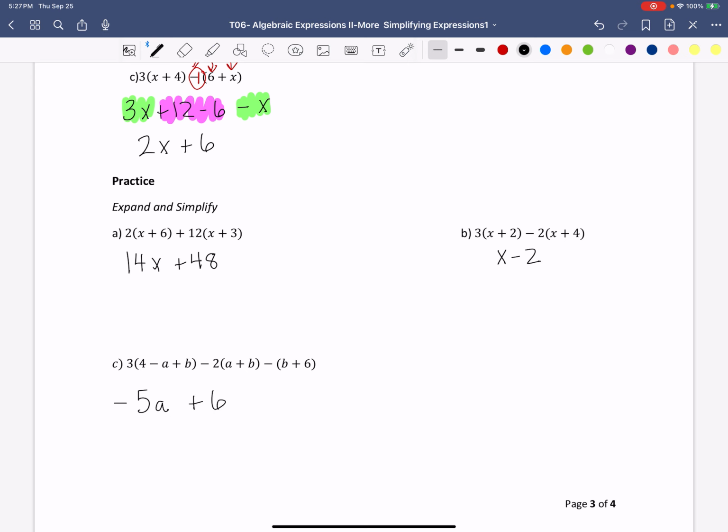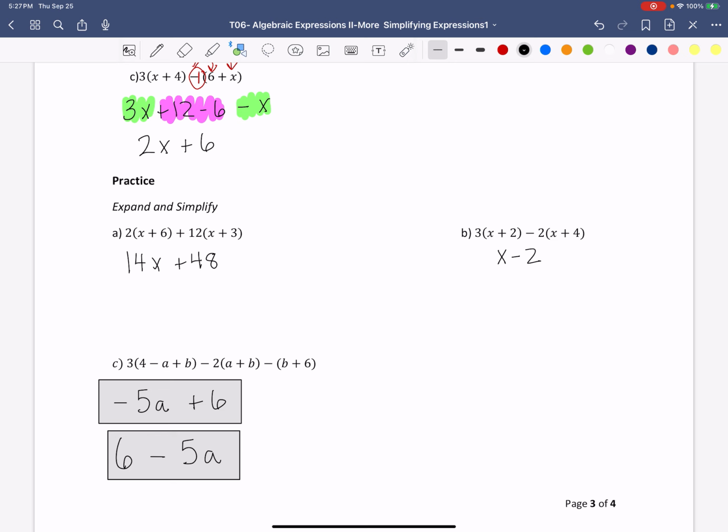Now for each of these answers, please remember that the order of your terms can be different but still be true. As an example for question C, this is your answer here, the negative 5a plus 6. But 6 minus 5a is also correct because that's using our commutative rule.